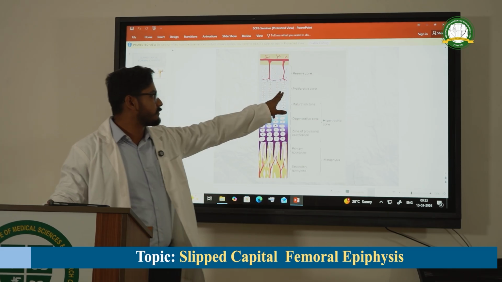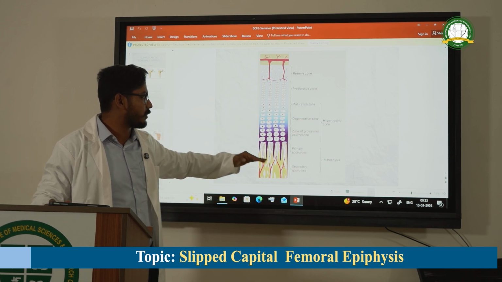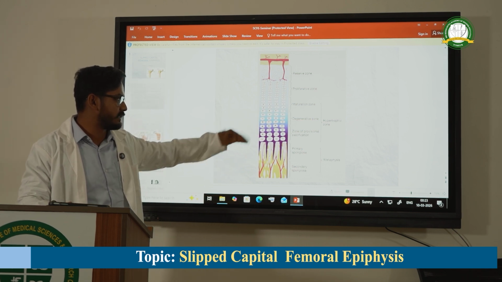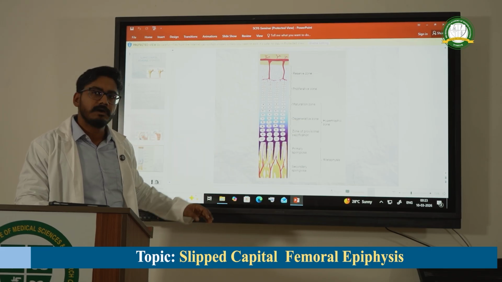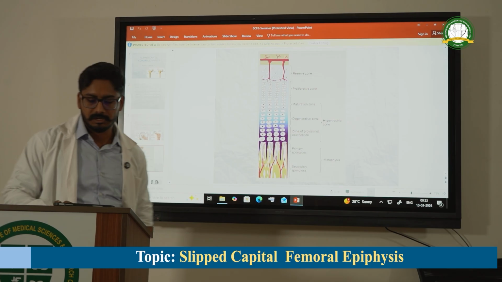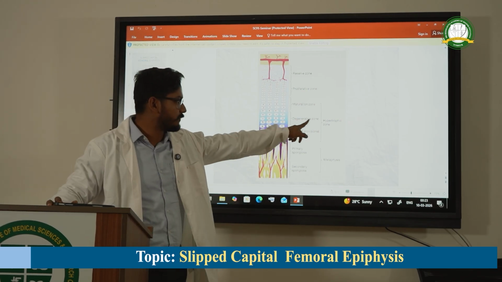In the proliferative zone, there is columnar proliferation of the chondrocytes, and then there is the hypertrophic zone where maturation happens and there is degeneration of the cells, and there is calcification later. Our topic is slipped capital femoral epiphysis. The slip occurs at the hypertrophic zone.